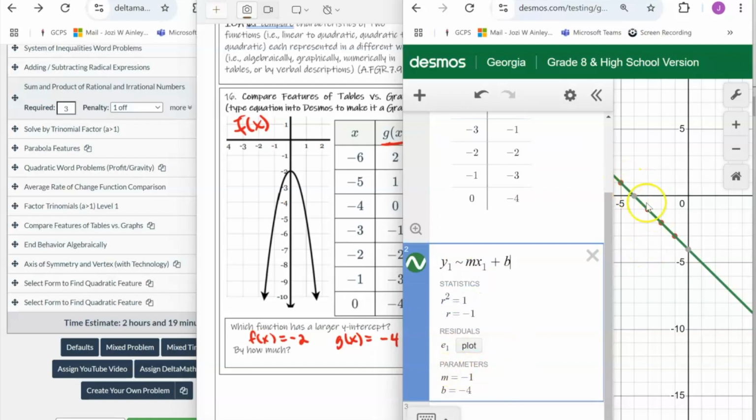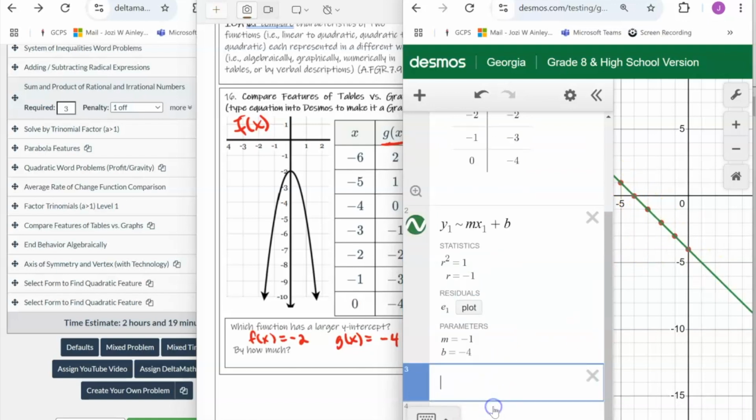So when I want to know what this line is, I can come here and type y equals -1x, and what do we have next? -4. Let's change this, highlight that, hover your mouse there and long press, then click that. You can see that purple goes right over green, which goes over red.